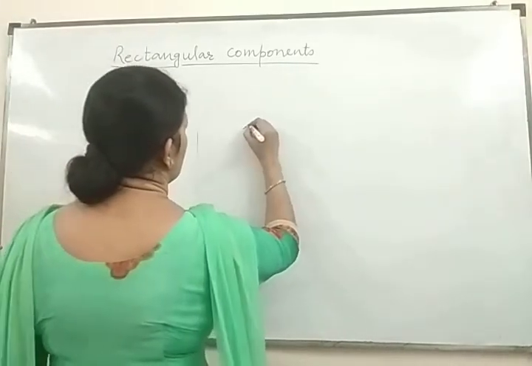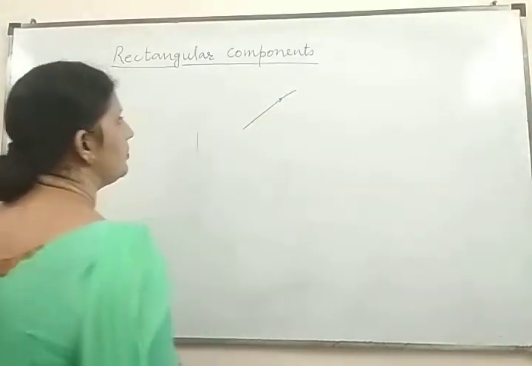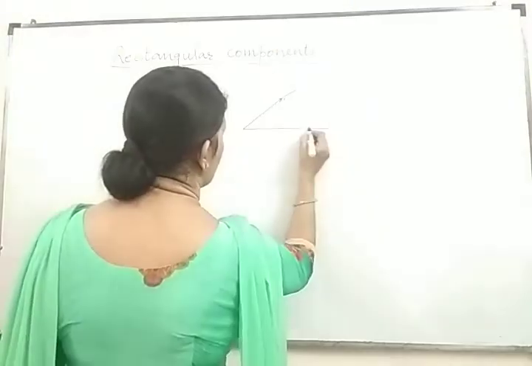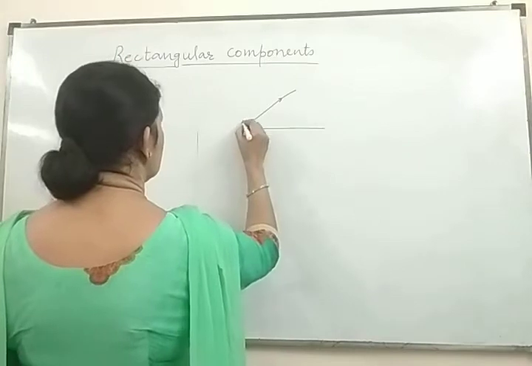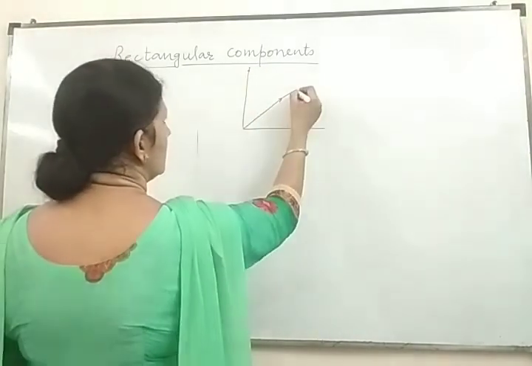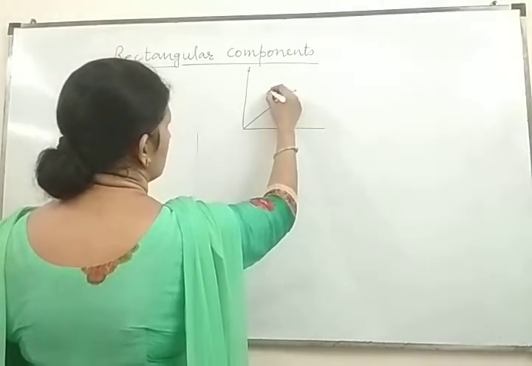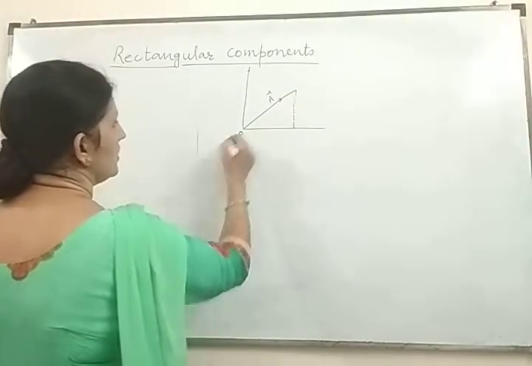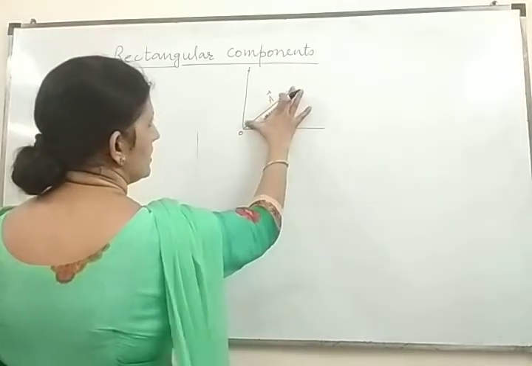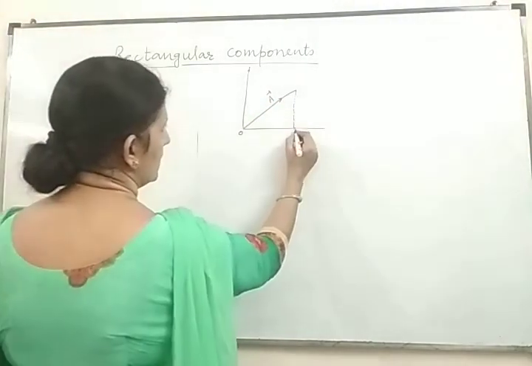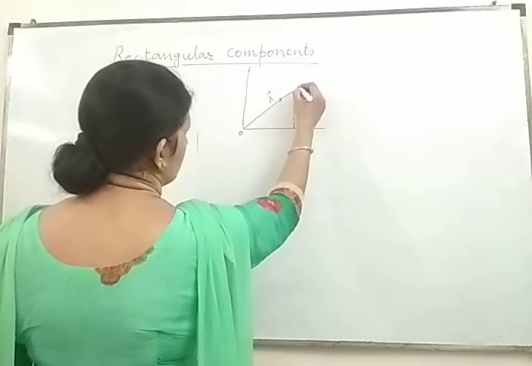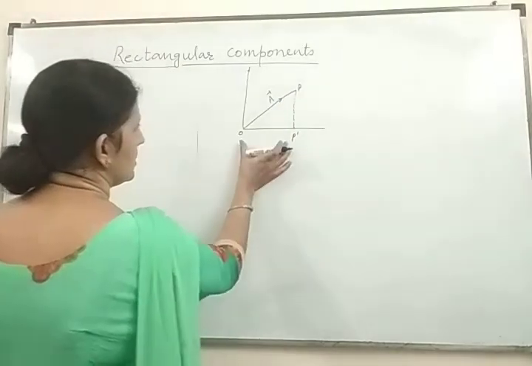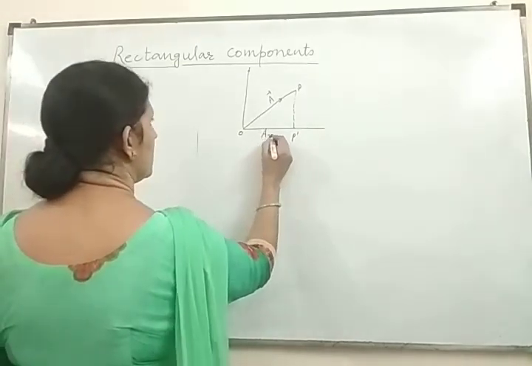Suppose the vector A is lying in the xy plane like this. So draw the x-axis first, then the y-axis. Then this is suppose vector A, draw a perpendicular from this point on the x-axis. Suppose this is P and this is P dash. This OP dash is AX.